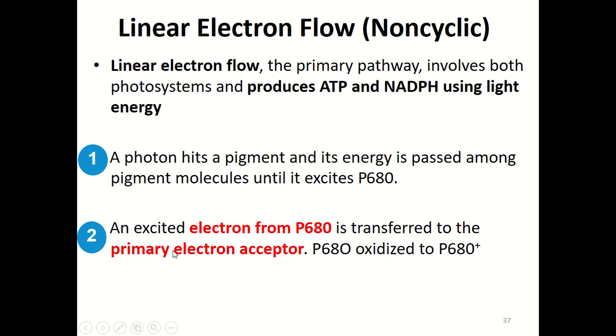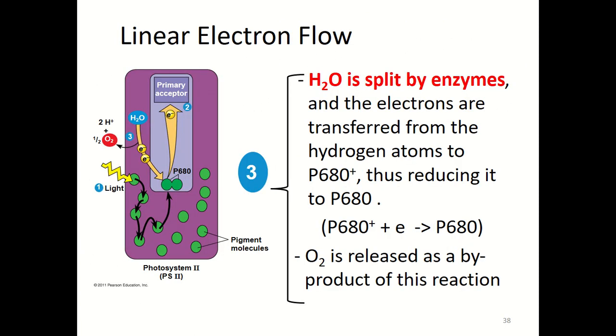And then an excited electron from P680 or photosystem 2 is transferred to the primary electron acceptor I mentioned earlier, and P680 is being oxidized to P680 plus. And then what happened? One of the electrons is being excited, right?